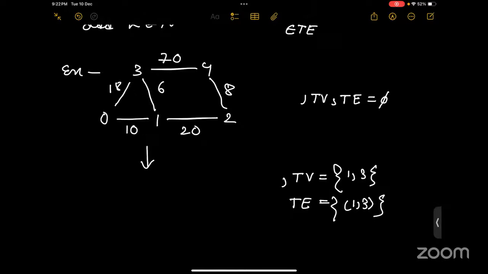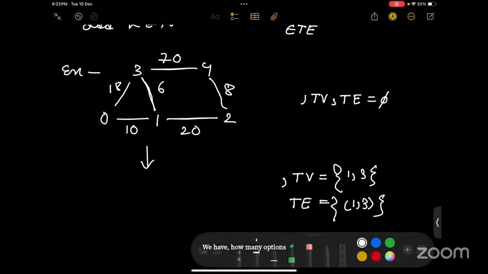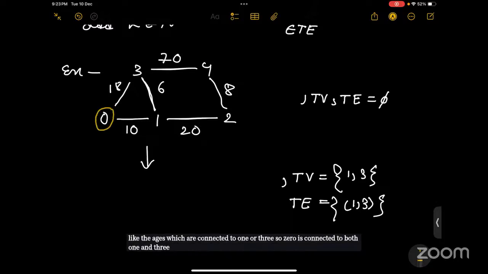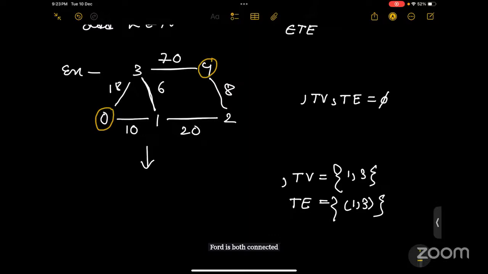So that means we have this. Then how many options are there now? The edges which are connected to 1 or 3. So 0 is connected to both 1 and 3, 4 is connected to 3, and 2 is connected to 1. So we have these 3 options.